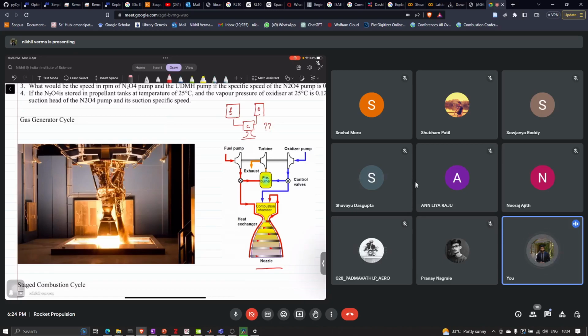Please, guys, I would encourage you to take part in the discussion. So why can't we have this type of cycle in the first place? Okay, can somebody tell what is the order of pressure that we use in a combustion chamber?